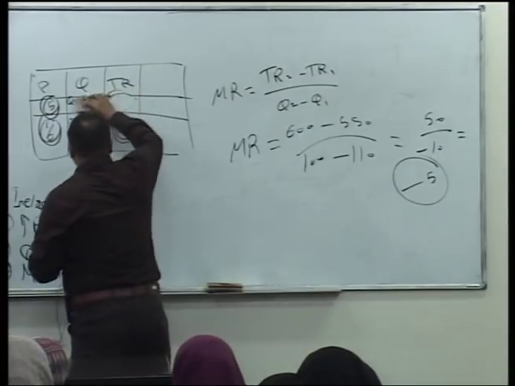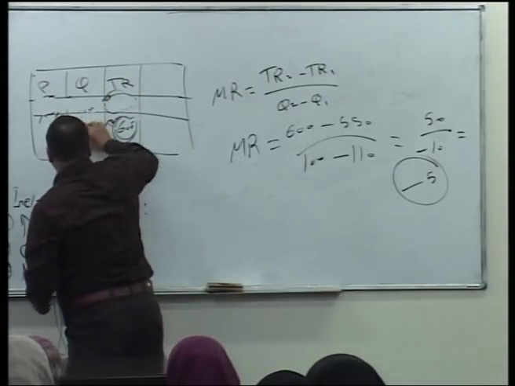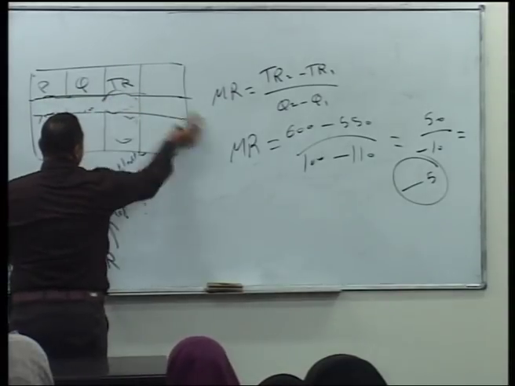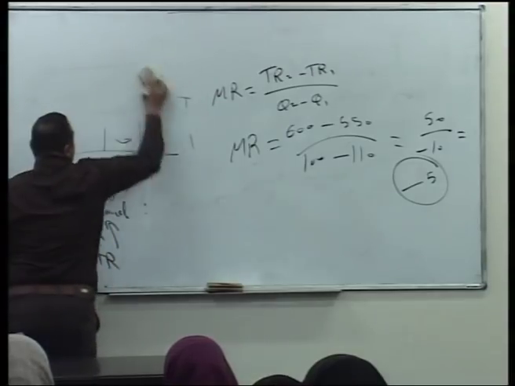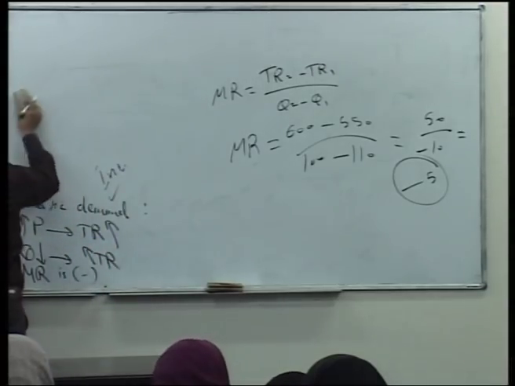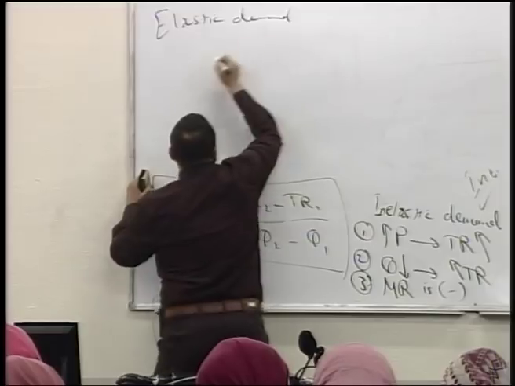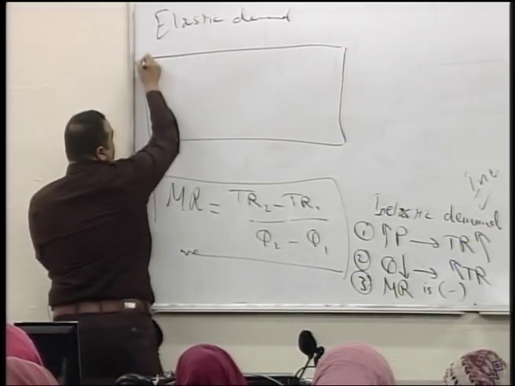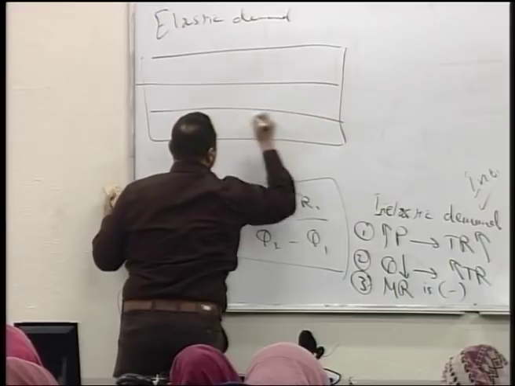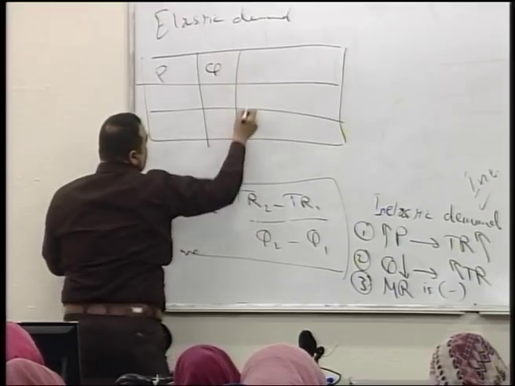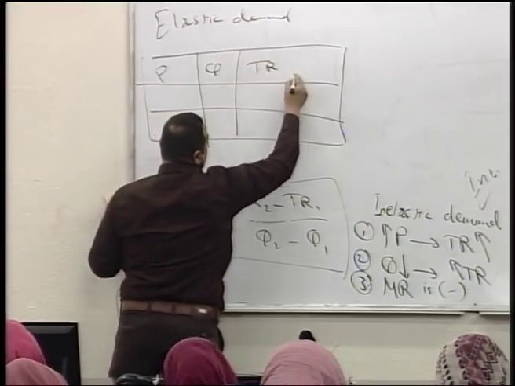Let us assume here that we have changes in prices and the quantity and total revenues, in the second case, when demand is elastic. Price, quantity, total revenue, and MR here.